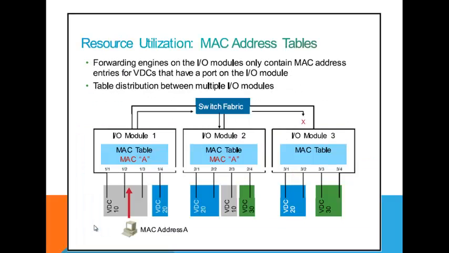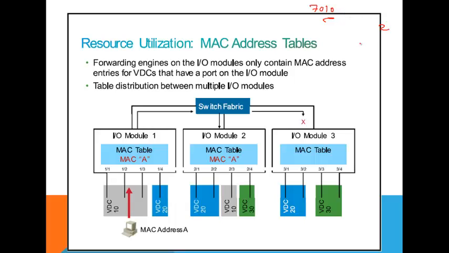Now about learning MAC address. See, we have multiple IO modules. In the 7000, if you take the 7010 series Nexus box, we have 10 modules. In that it is actually 8 plus 2 supervisor engines and 8 modules.